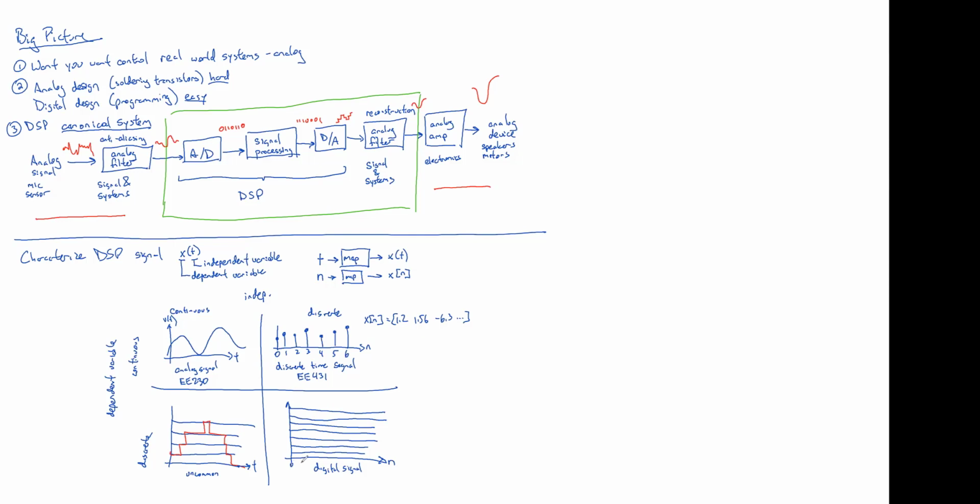Similarly, it stores your signal at whatever rate it's sampled. It might sample every millisecond, in which case this n would correspond to milliseconds. And now your signal might look something like this. Okay, so this is the reality of what goes on in the computer.